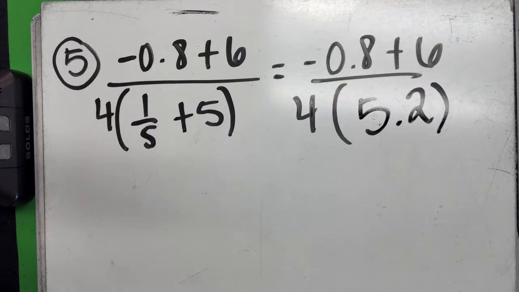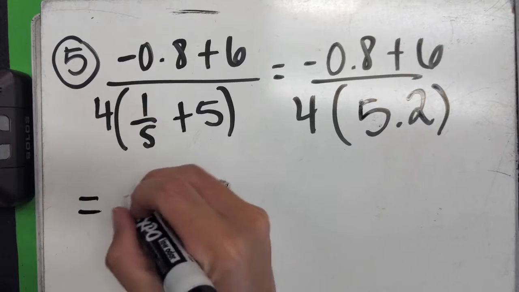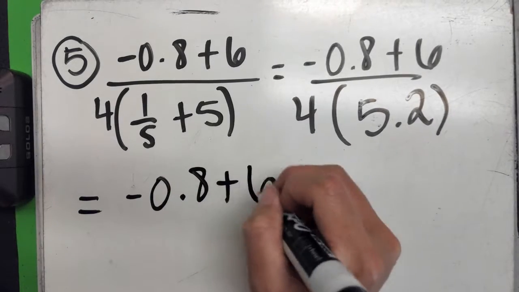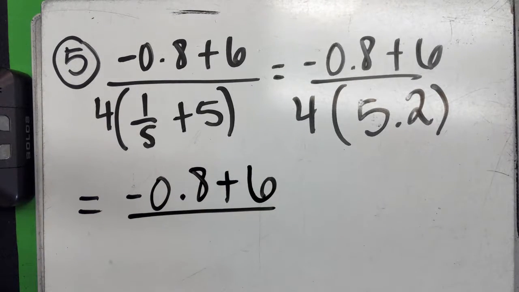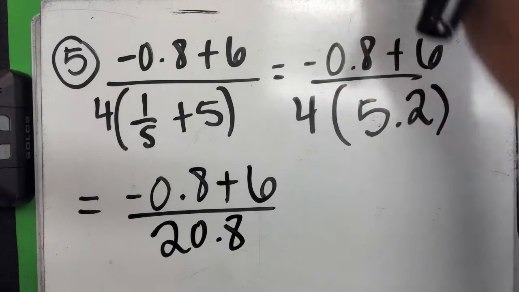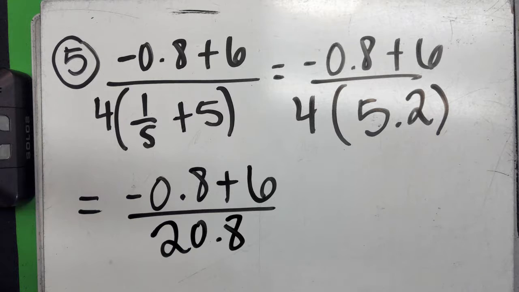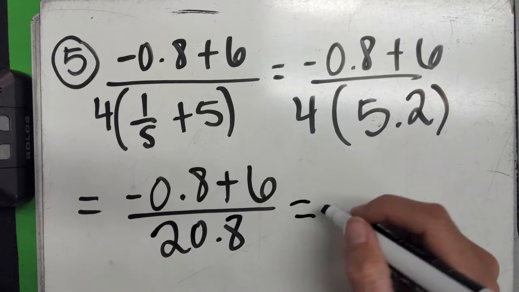Yes? Okay. Alright, Malachi, what do I do next? Multiplying 4 times 5.2. What'd you get? I don't know. Okay. Go ahead and figure it out. 20.8. Alright. Ashton, what next?